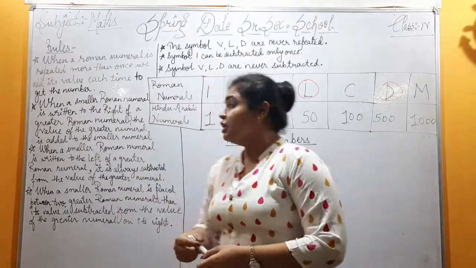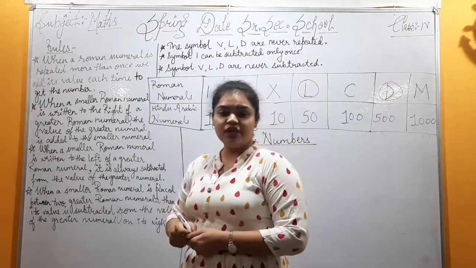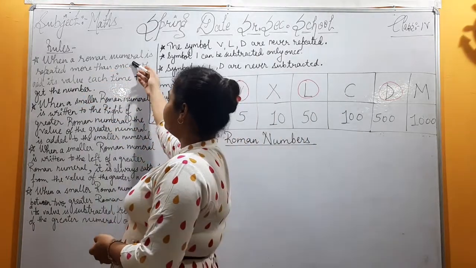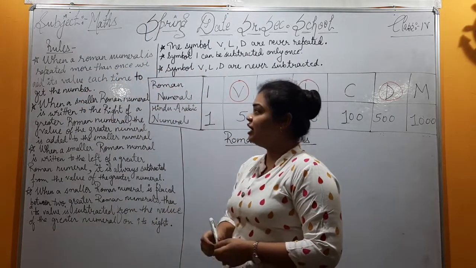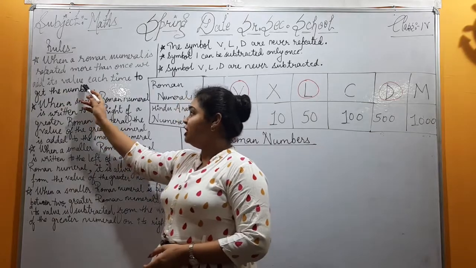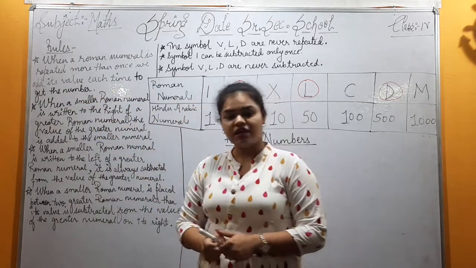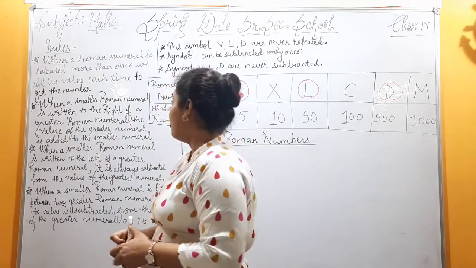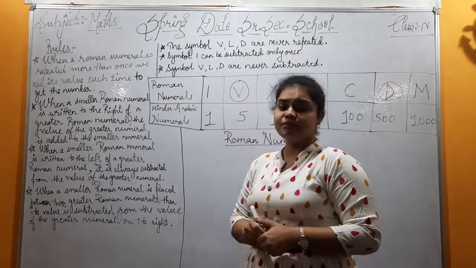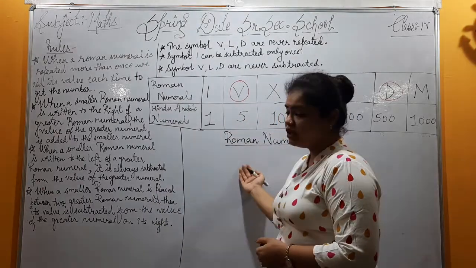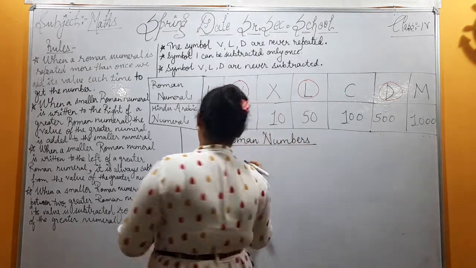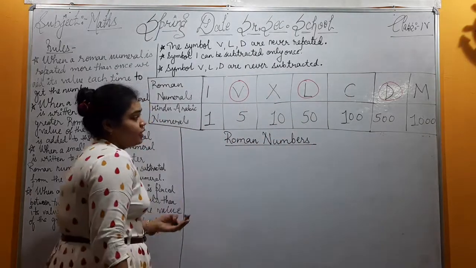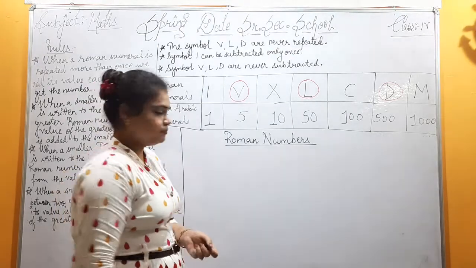So now coming to the rules, the first rule is when a Roman numeral is repeated more than once, we add its value each time to get the number. Now what we will do is make one Roman numeral. How will we make it? Just look at the rule. So we will make 30.